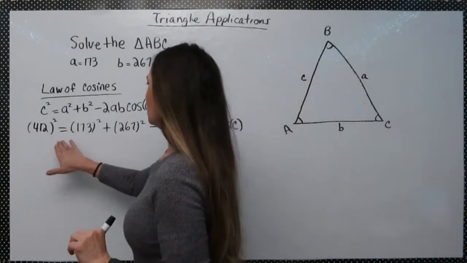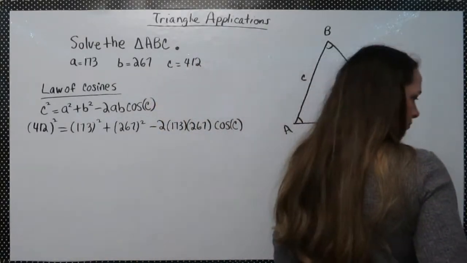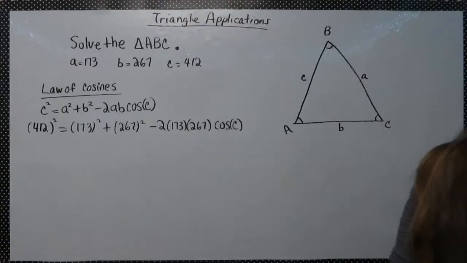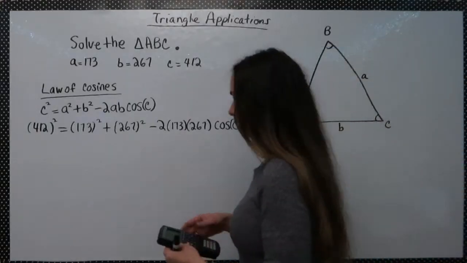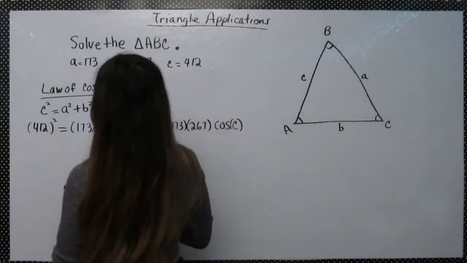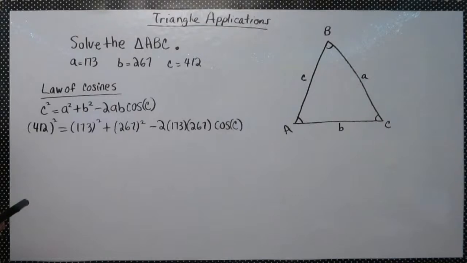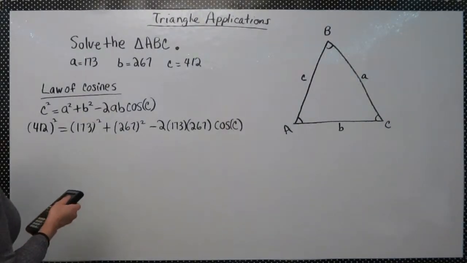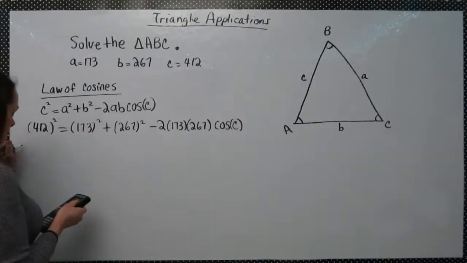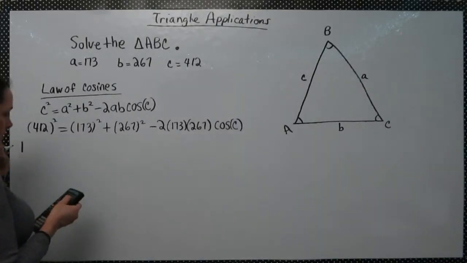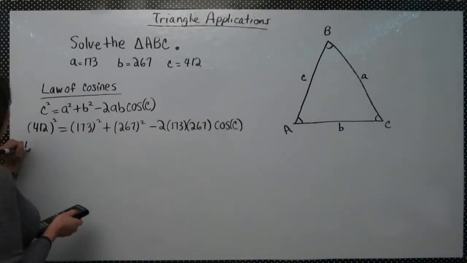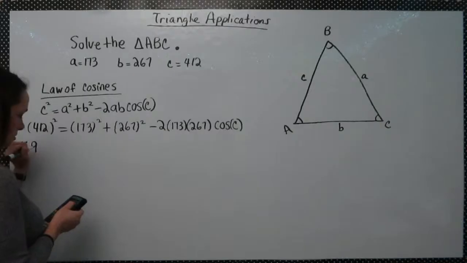I don't have the mental capabilities of squaring those in my head just yet. Still working on that. Typically, law of cosines is not as fun as law of sines because you end up dealing with really large numbers.